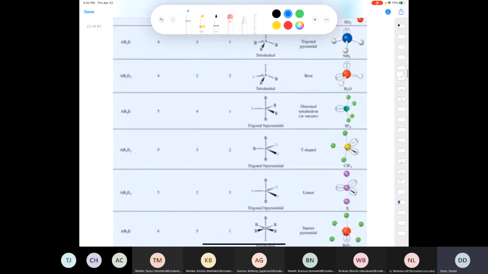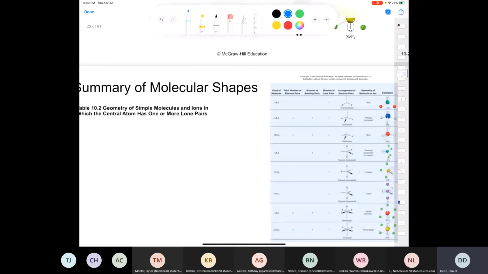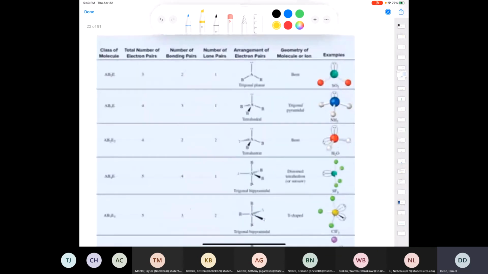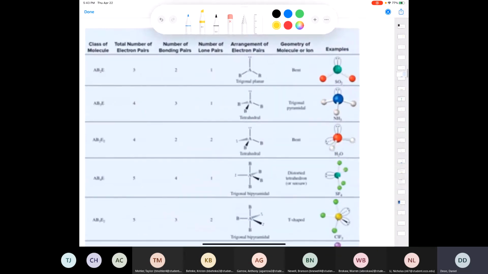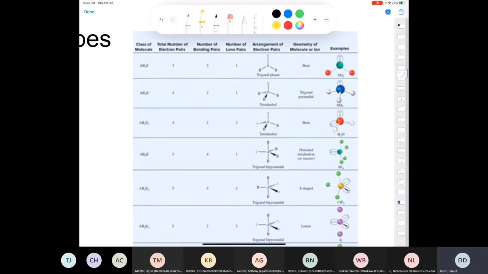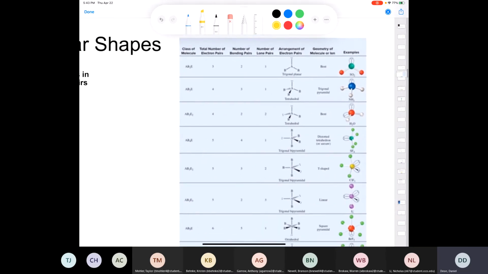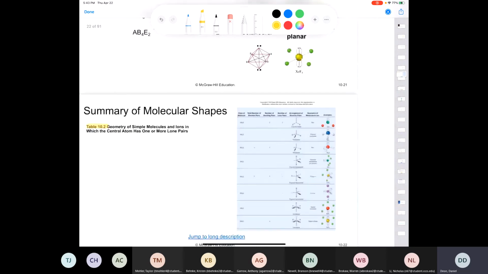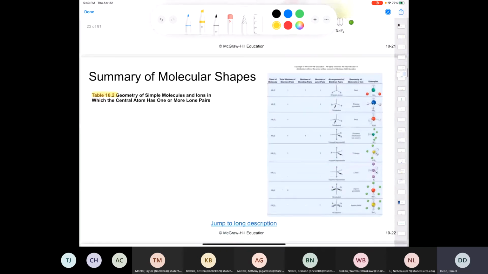It's a little fuzzy here, but this table is table 10.2 from your textbook, and you can take a gander at that. It's a great summary of all the molecular geometries that we just looked at. You go from bent to trigonal pyramidal, other bent to distorted tetrahedron, T-shaped, linear, square pyramidal, square planar. Anyhow, there you go.